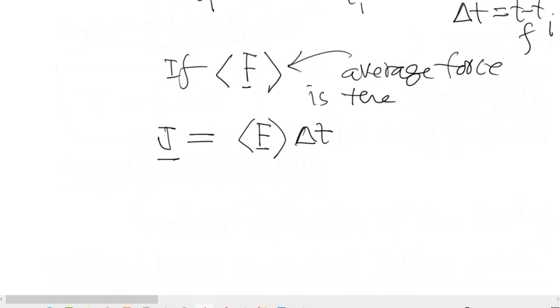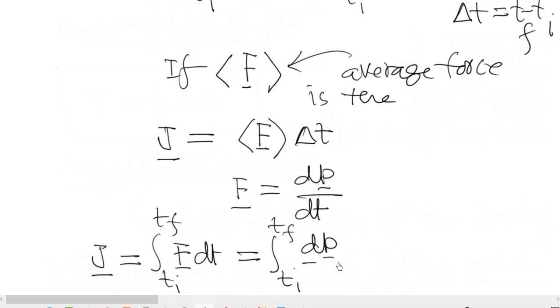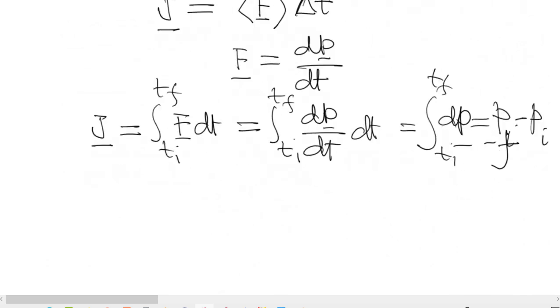We know from the second law of motion that F is dp by dt, and we can also write the impulse of force as the integral of dp by dt times dt, and this we can write as pf minus pi, the change in linear momentum.